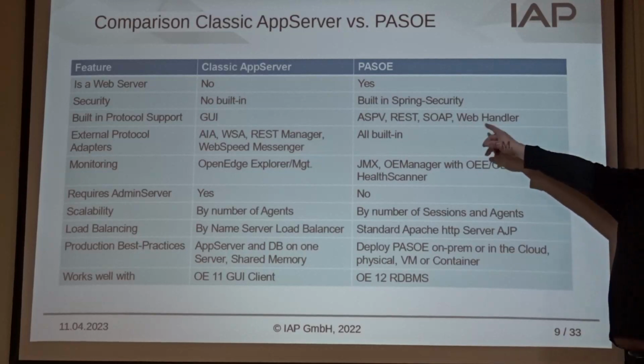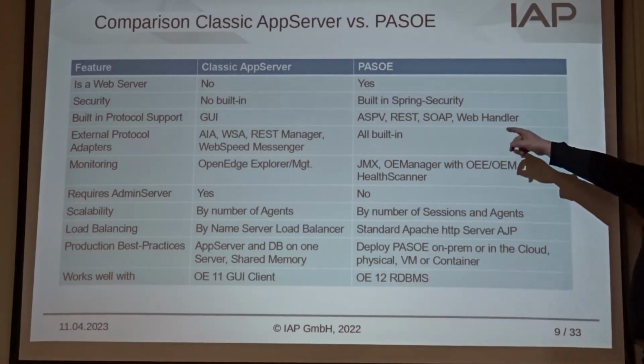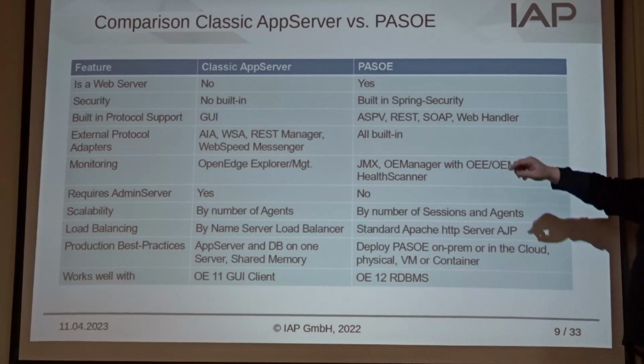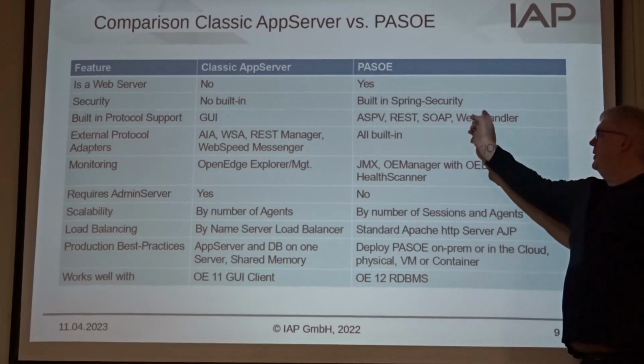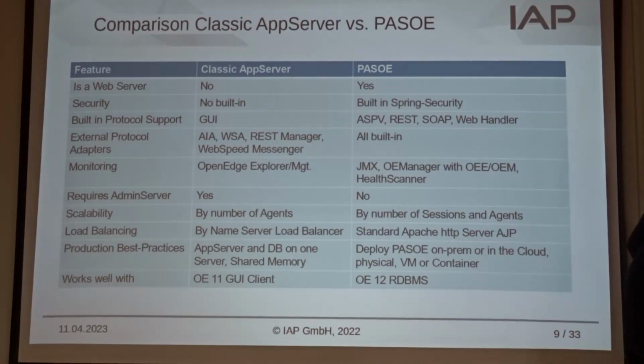And PASOE has, as mentioned, the APSV for the Progress client, the REST adapter, SOAP, and the web handler. But as mentioned, REST and SOAP is the old interface.